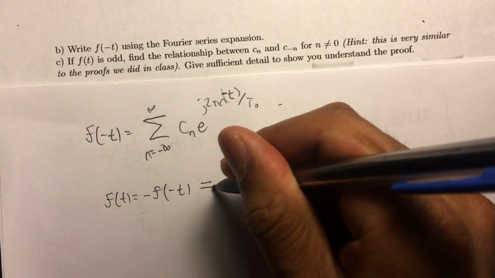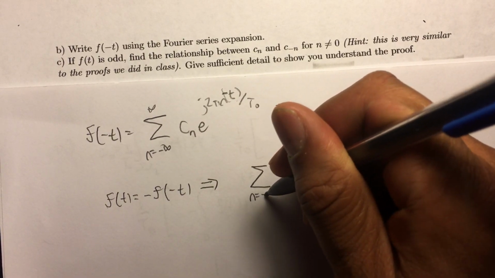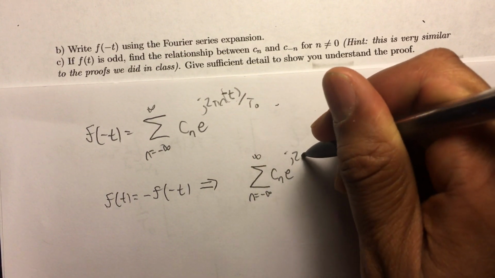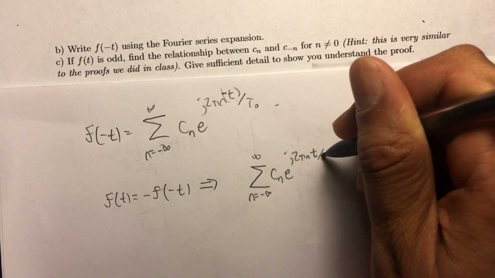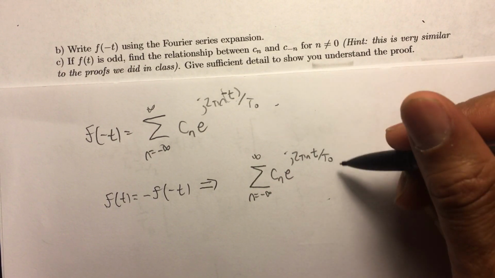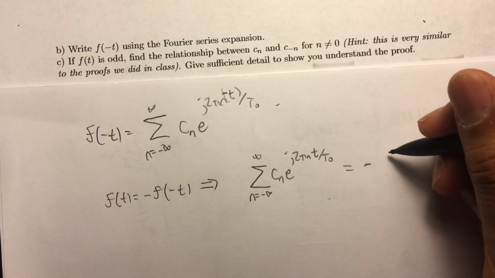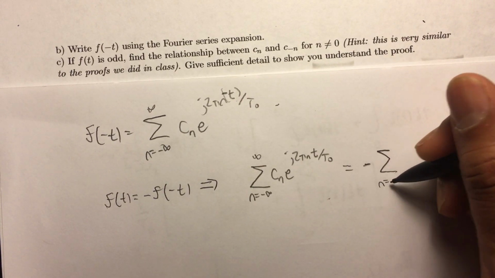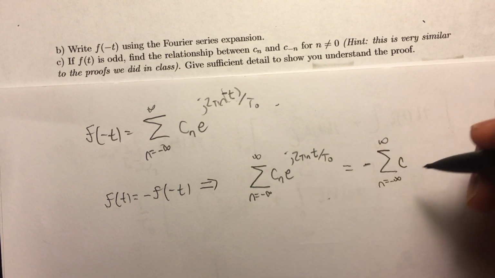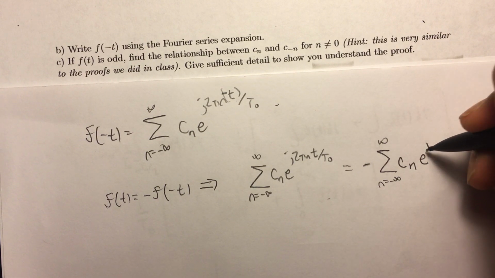That implies that the Fourier series expansions also have a relationship. So that is the Fourier series expansion for f of t. So that is equal to minus the Fourier series expansion for f of minus t.